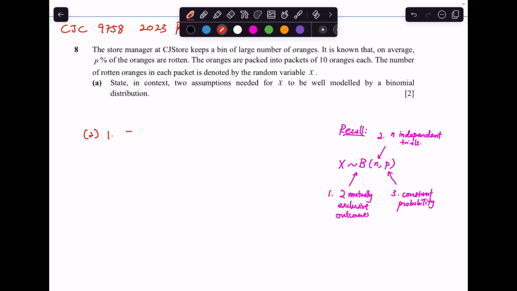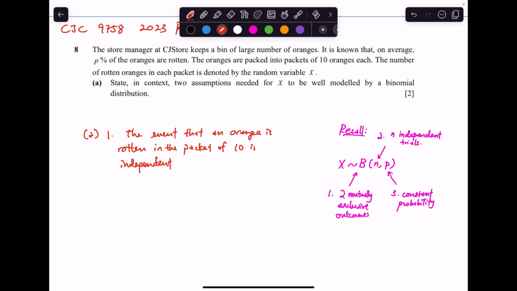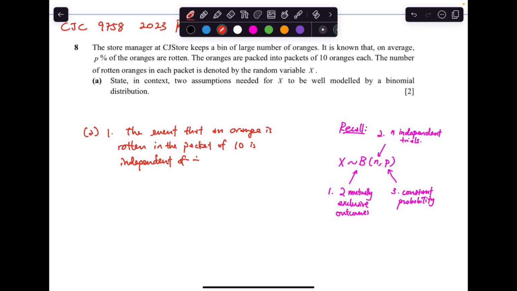So for example, the event that an orange is rotten, in this case in a packet of 10, is independent of the event that any other orange in the packet is rotten.